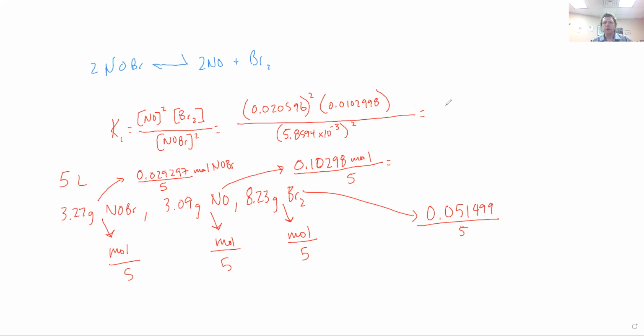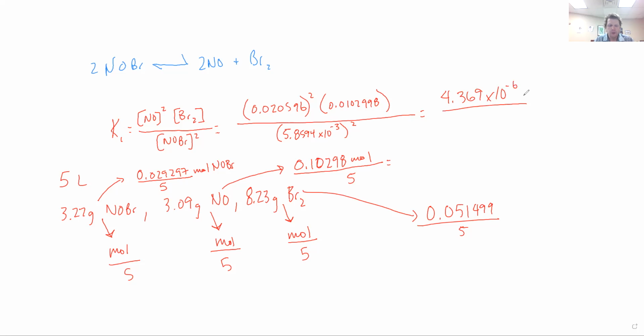Now I've got all my concentrations. So I'll take 0.020596 squared times 0.0102998. I'll plug that in. 0.020596 squared gives me that number times 0.0102998 equals, now my numerator, 4.369 times 10 to the negative 6.